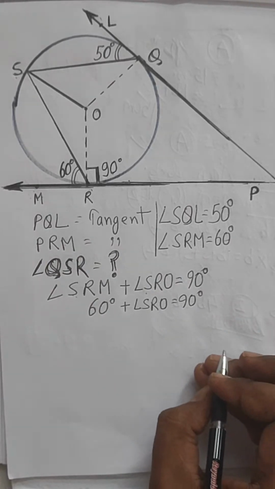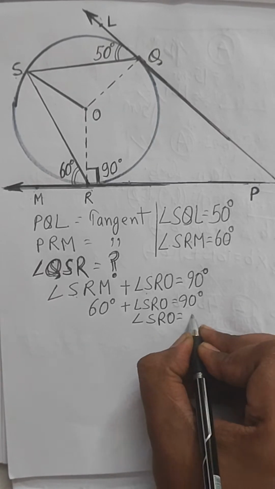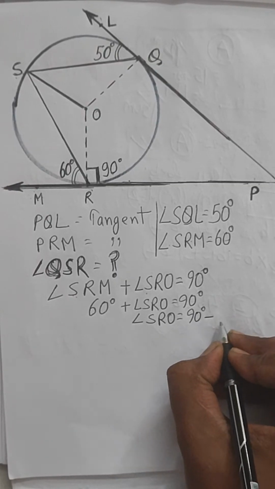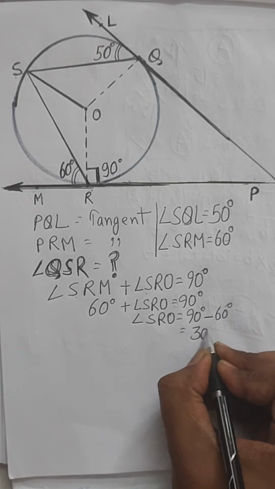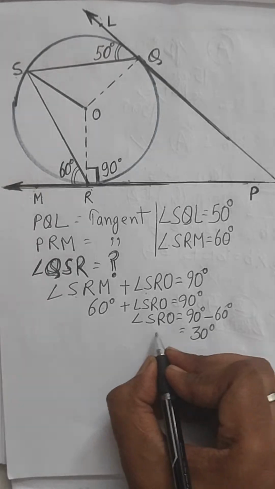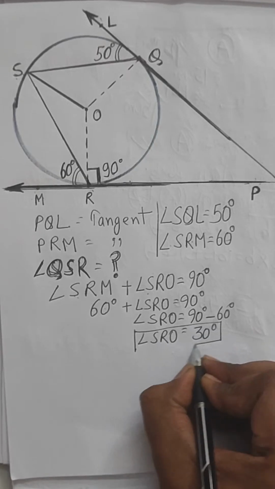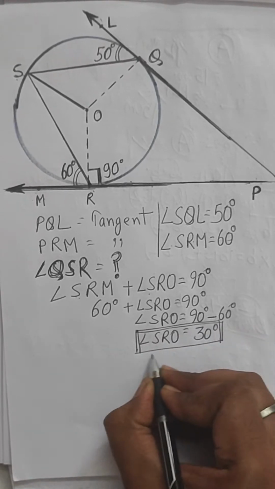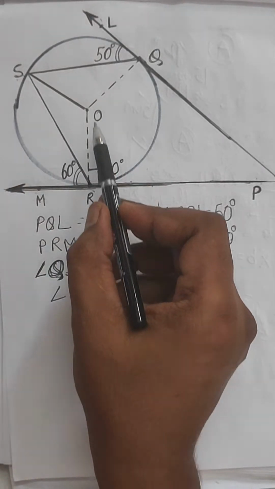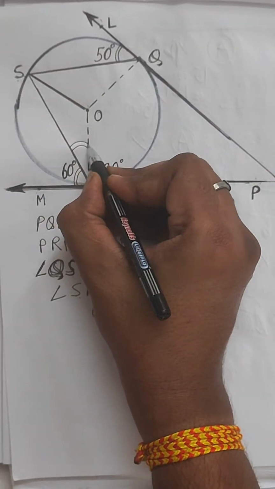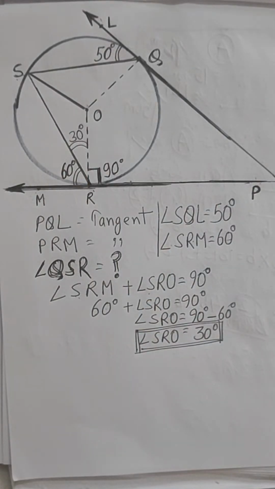Then we can find the value of angle SRO, which is 90 degree minus 60 degree, which is equal to 30 degree. So the value of angle SRO is calculated, and that is equal to 30 degree. So angle SRO is this angle, and this angle is equal to 30 degree, right?